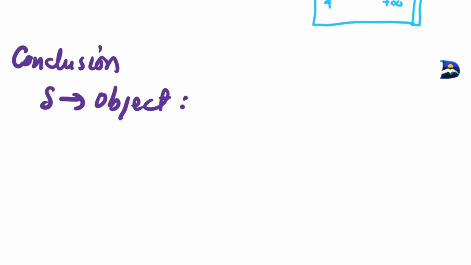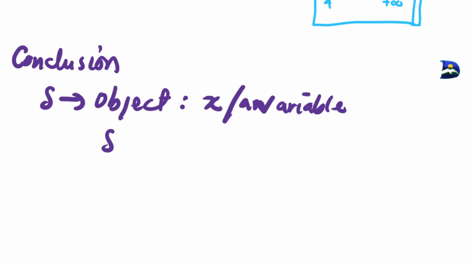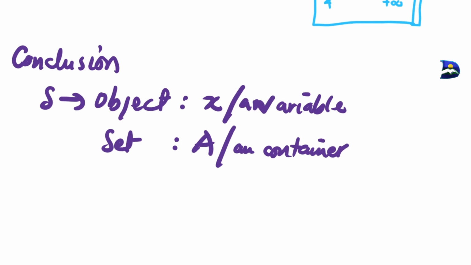This symbolizes x, or any variable of your choice. It comes in handy when it comes to an object. Now, when we are asked about a set, we used capital letter A, or you can use any capital letter variable.